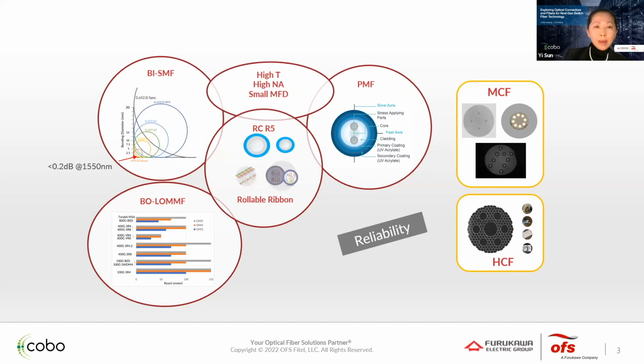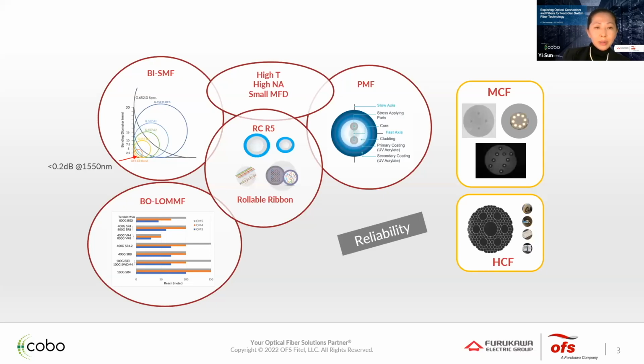So let's zoom in on the icons on the top left, the bending sensitive single mode fiber. Here are the diameters of ITU specified single mode fibers: G657 A1, A2, B3. I'd like to point out OFS has ultra bending sensitive single mode fiber with bending radius specified down to 2.5 millimeter and macro bend loss less than 0.2 dB per turn at 1550 nanometer.